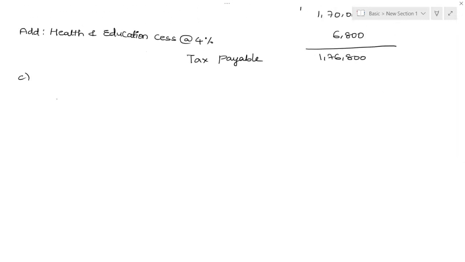Computation of tax liability of Mr. X. Age 82 years.